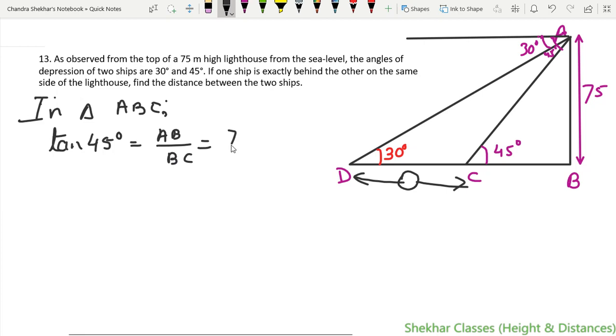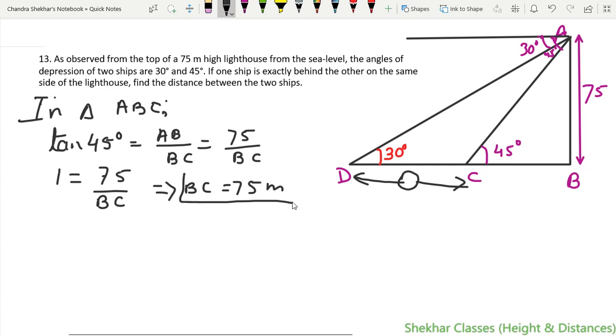AB is 75 and BC we have to calculate. We know that tan 45 is 1, so we can write 1 is equal to 75 upon BC. So therefore finally we will get BC is equal to 75 meter. So we'll keep it here. BC is 75 meter here.